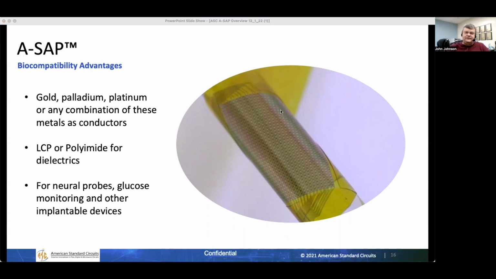Of course, you see it on TV every day. Glucose monitors are out there, but when you can get something without copper, without nickel, it makes it a lot easier to stay in the body a lot longer.